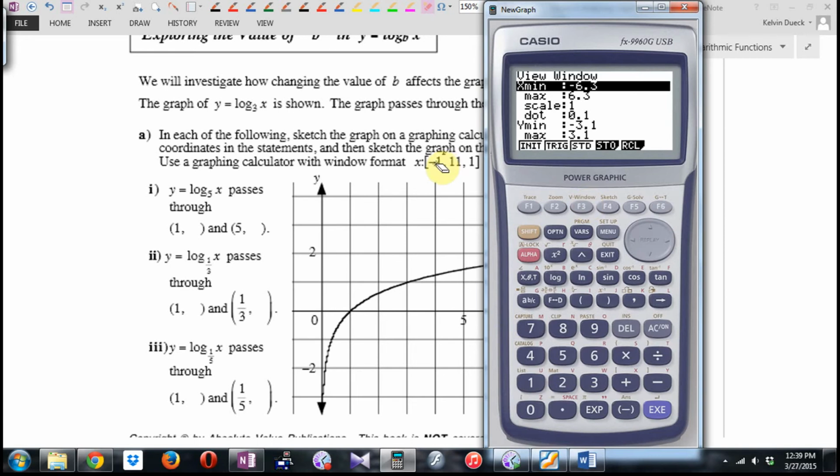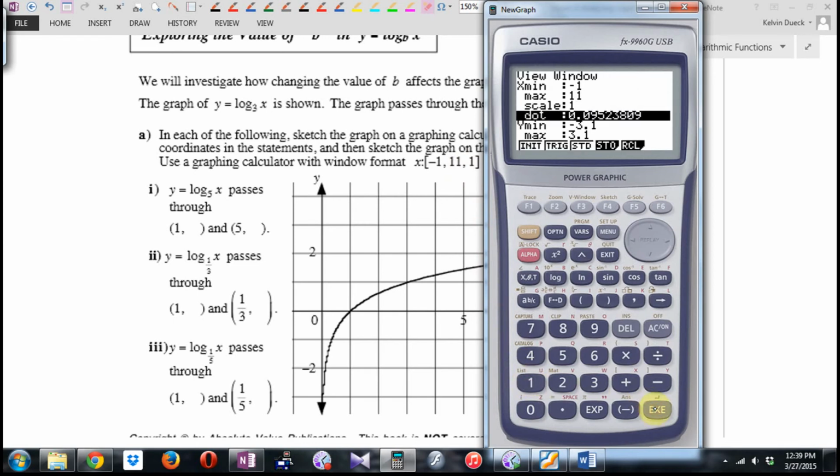Almost every graphing calculator has X min, X max, scale, Y min, Y max, scale. So this first number is the X minimum, type -1. What do they want the maximum X to be? 11. What do they want the scale to be? 1.